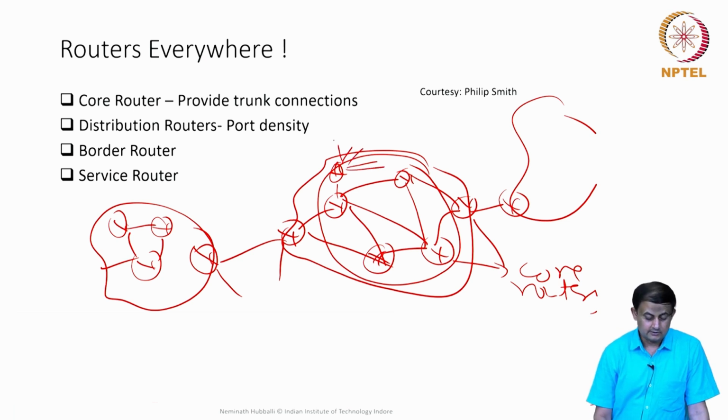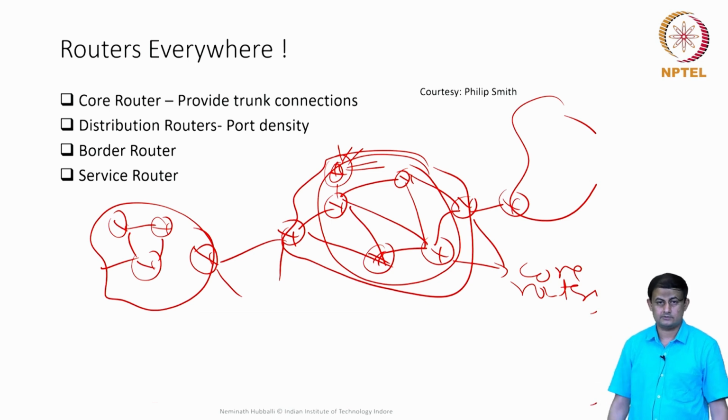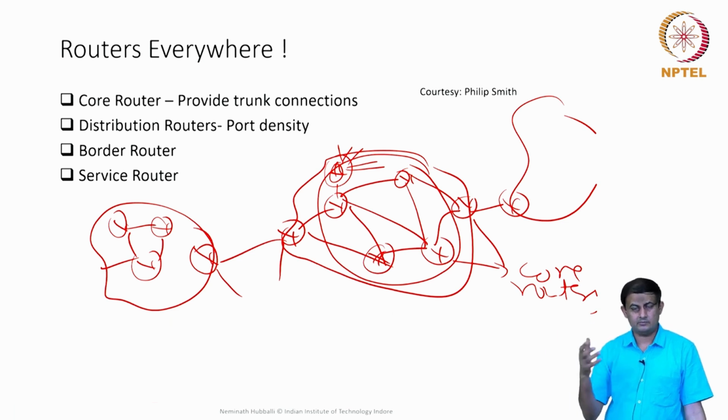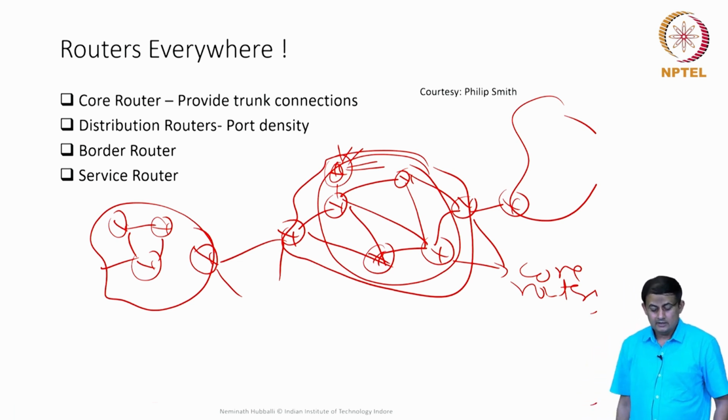Such routers are called distribution routers or service provider service routers, where the end users typically connect. So be it my home subscriber or an institutional subscriber like IIT Indore, all these subscribers come and terminate at this router. That is called the distribution router or the service router.